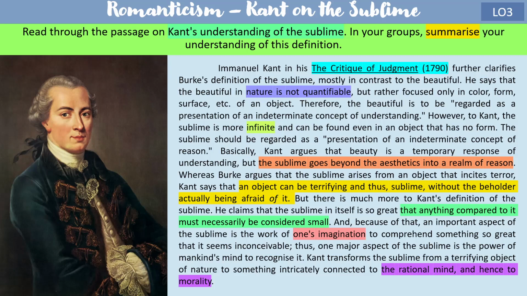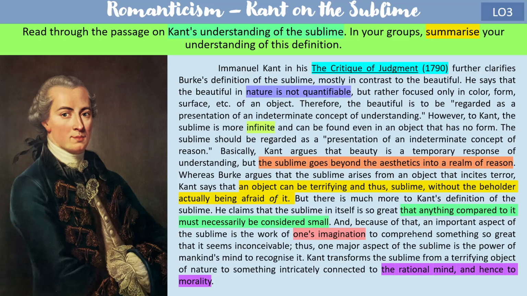However, to Kant, the sublime is more infinite and can be found even in an object that has no form at all. The sublime should be regarded as a presentation of an indeterminate concept of reason. Basically, what Kant's arguing here is that beauty is a temporary response of understanding, and that the sublime goes beyond the aesthetic into the realm of reason.